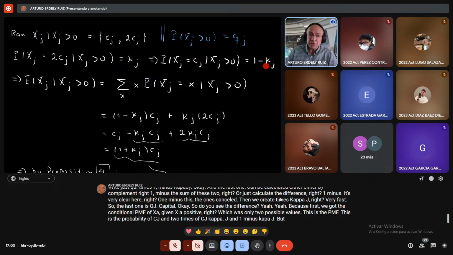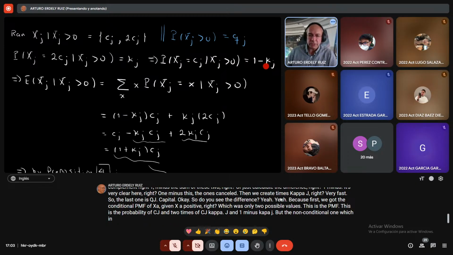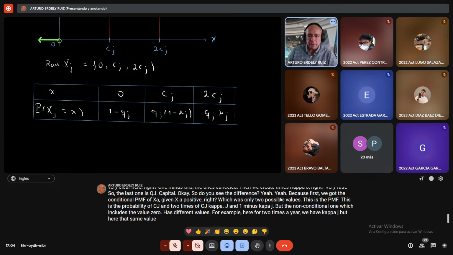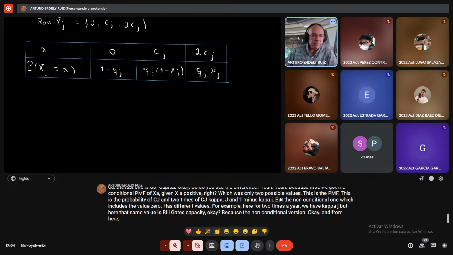But the non-conditional one, which includes the value 0, has different values. For example, for 2 times Cj, we had kappa j, but that same value is now Qj times kappa j, because it's the non-conditional version, okay?